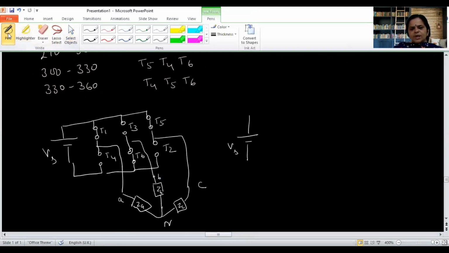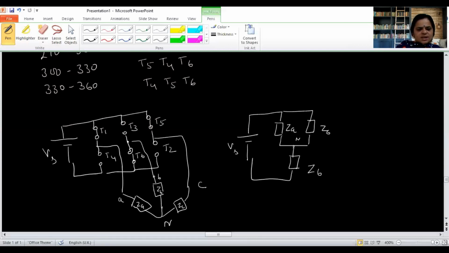If I redraw this circuit, I will get it like this. From the T1 short circuit it will be ZA, it will be ZC, this is neutral, and this will be ZB, because the T6 short circuit connects ZB to the negative of the supply. Now this is A, this is C, and this is B.